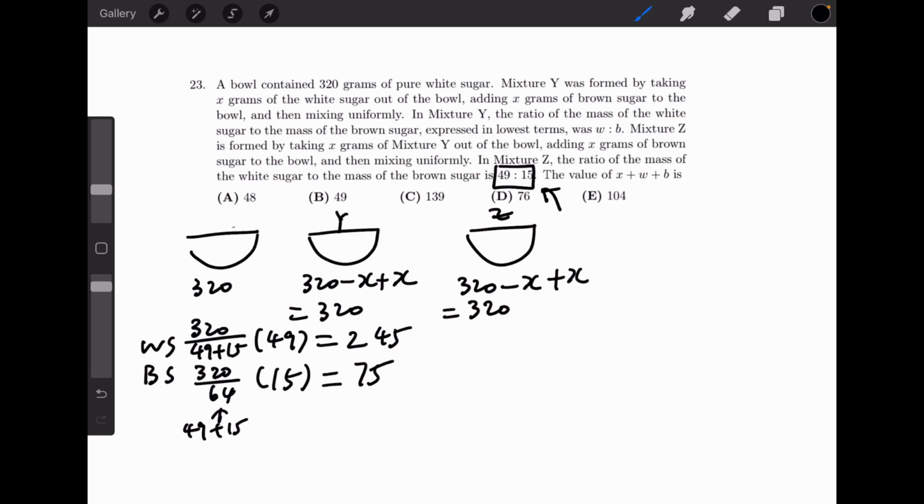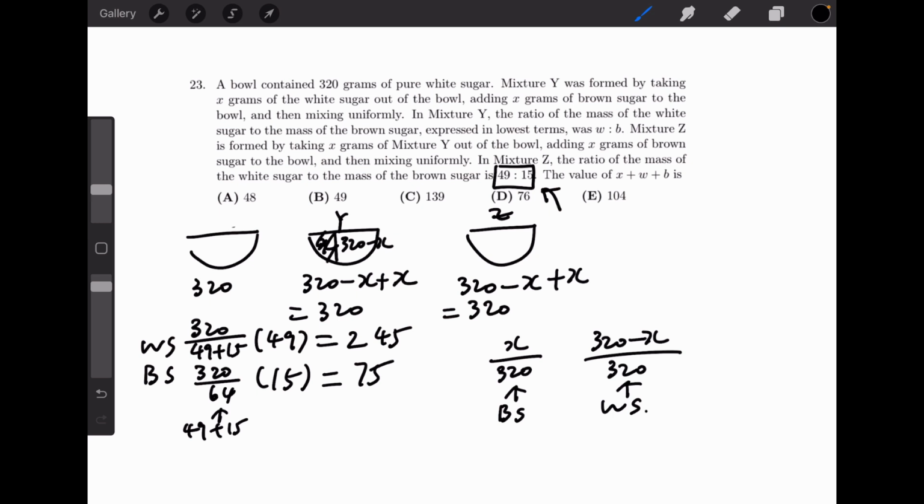Okay, so the next piece of information that we can make use of is that in mixture Y, we have X gram of brown sugar and 320 minus X gram of white sugar. So in each gram of sugar in mixture Y, we have X over 320 grams of brown sugar and 320 minus X over 320 of white sugar.